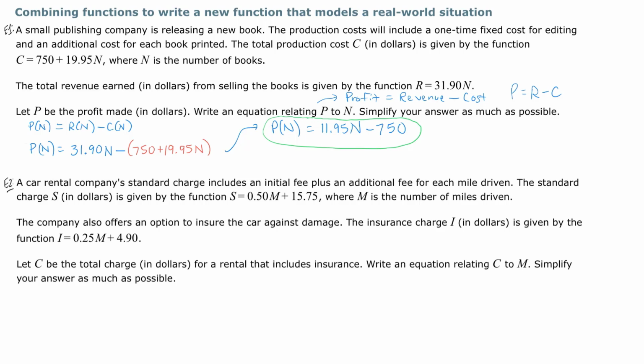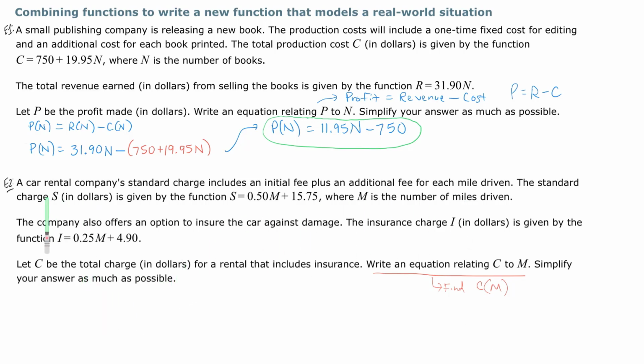Let's go ahead and translate this a little bit differently. This is really another way of saying find the function C of M. And notice the dependent variable is C and the independent variable is M. That is function notation right here. So let's find the total charge. The total charge would be what?